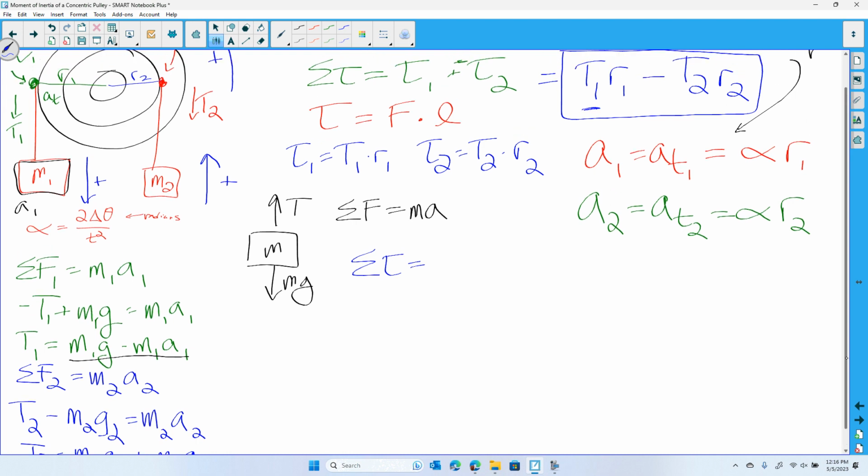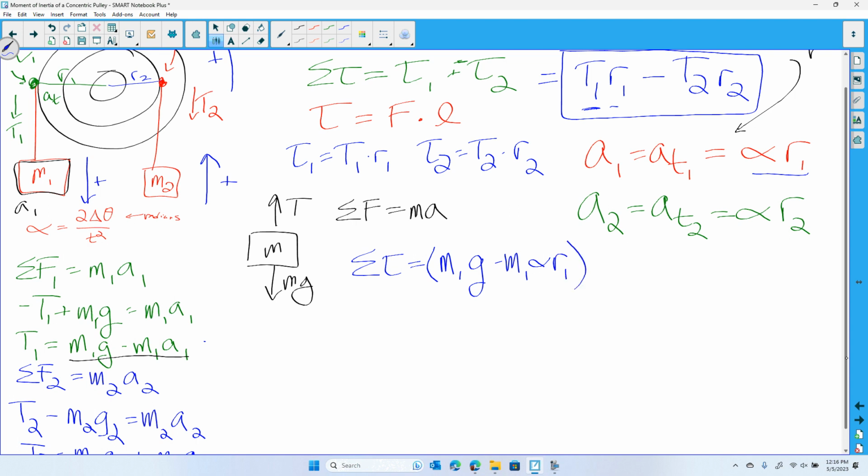which is M1G minus M1A1 times R1. Wait, hang on. I gotta finish my substitution here. It's not A1, it's alpha times R1.